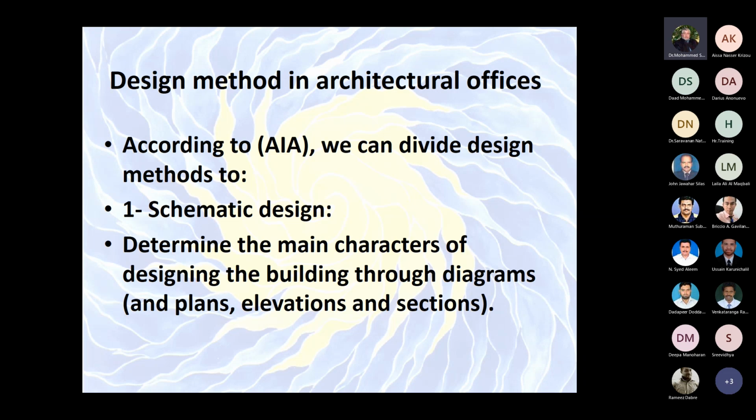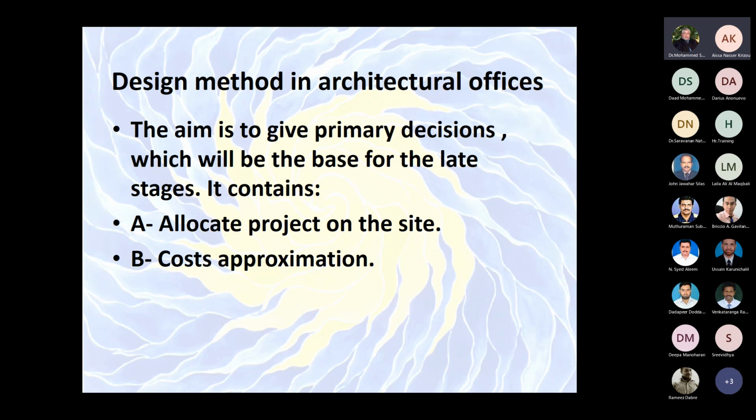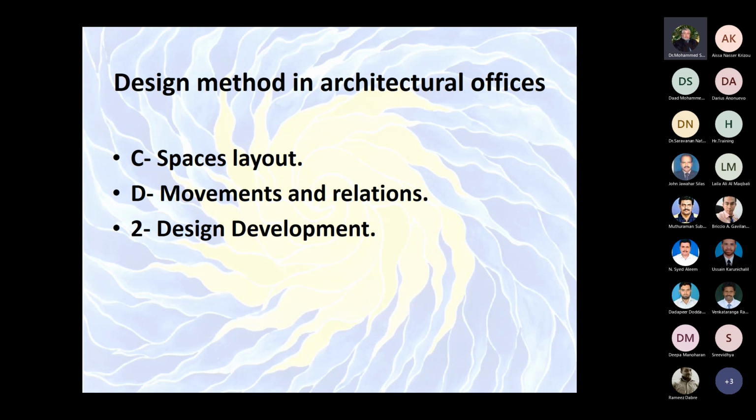We determine in this stage the main characters of designing the building through diagrams, plans, elevations, and sections. The aim is to give primary decisions, which will be the base for the later stages. It contains locating the project on the site and then cost approximation, space layout, movements, and relations. This is all in the first stage.